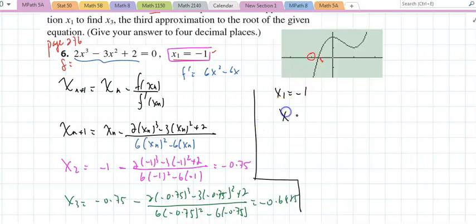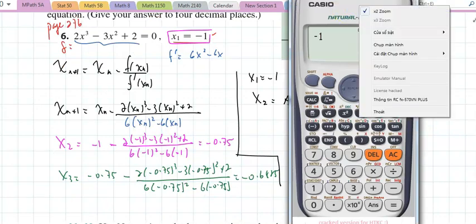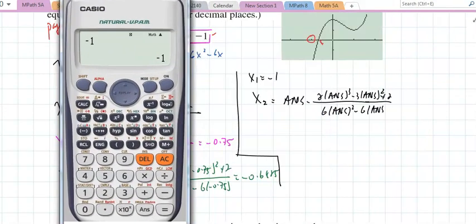Now I'm going to say x sub 2 is going to equal answer minus twice answer cubed minus 3 times answer squared plus 2 divided by 6 times answer squared minus 6 times answer. Now I know you're thinking, why is he doing that? Well, you should know by now.